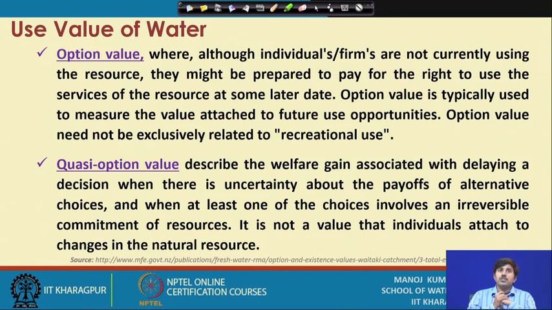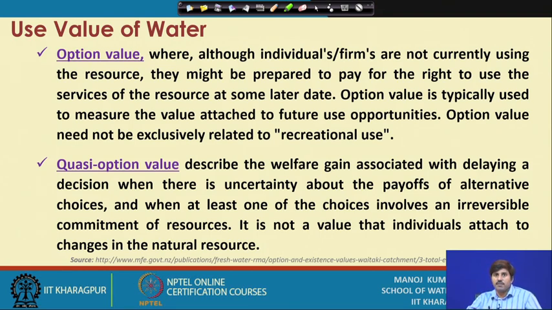Then there is another term, quasi option value, which describes the welfare gain associated with delaying a decision when there is uncertainty about the payoffs of alternative choices. Okay. However, it is confirmed that this particular resource will be used. So, one of the choices is at least irreversible, and one has committed that this resource is going to be used. So, it is not a value that individuals attach to the change of the natural resources. It is not about the change of the natural resource, the resource is there.